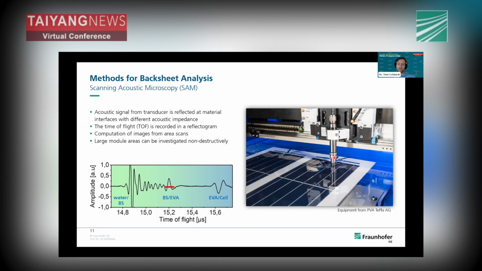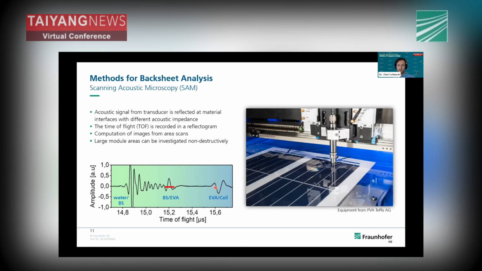This transducer emits ultrasonic waves, which penetrate the module and reflect at every interface due to the different acoustic impedance of the materials. And you obtain such a reflectogram. With some experience, you can see the different interfaces. For example, the different backsheet layers are these signals here. Then we have the backsheet-EVA interface, and then we have the EVA-cell interface.